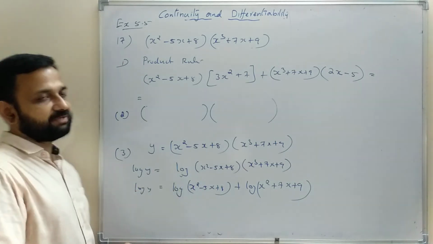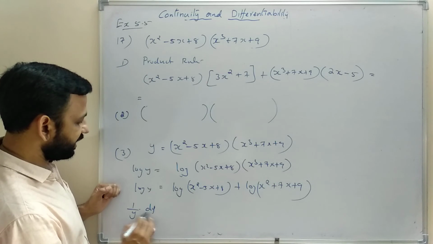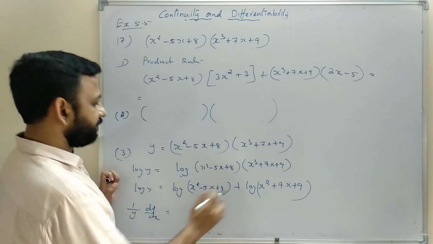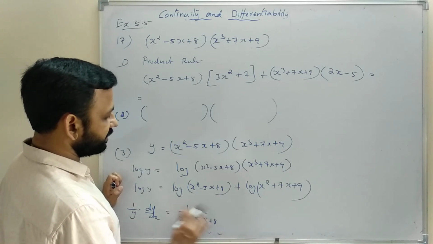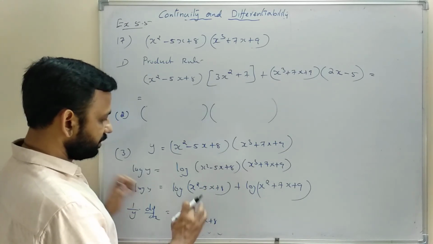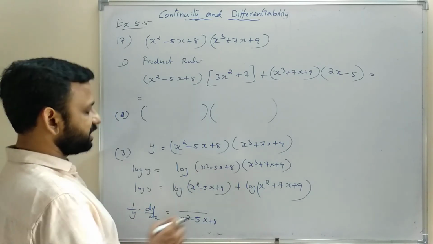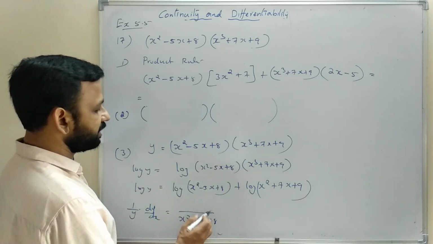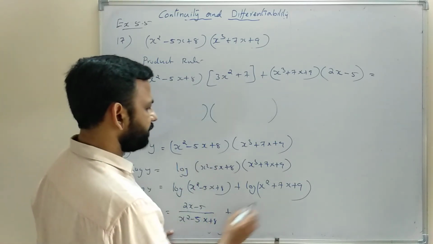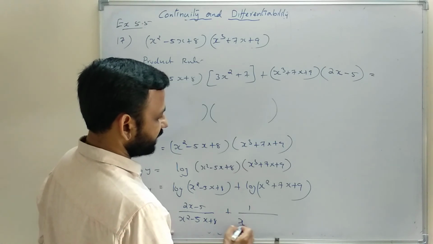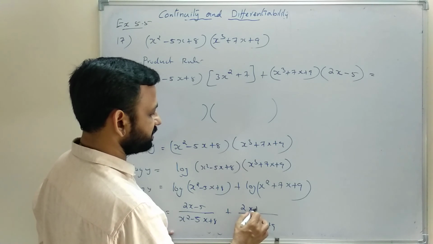Now we will differentiate with respect to x. So we already learned 1 by y into dy by dx equals the derivative of this one, that is 1 upon x square minus 5x plus 8, the expression inside the bracket in the denominator, into its derivative 2x minus 5, plus 1 upon x cube plus 7x plus 9 into its derivative 3x square plus 7.